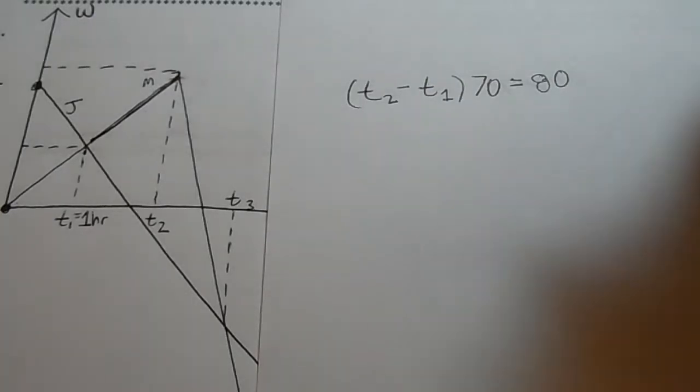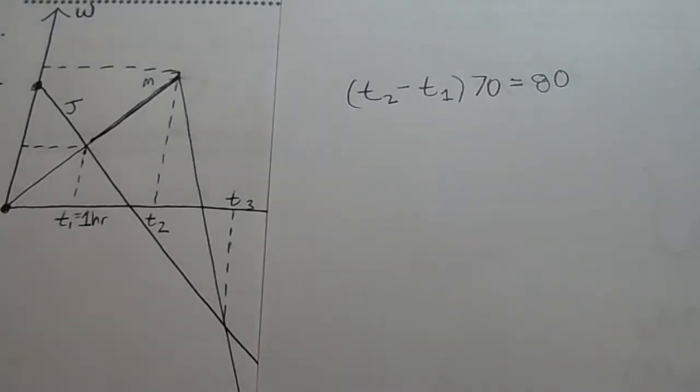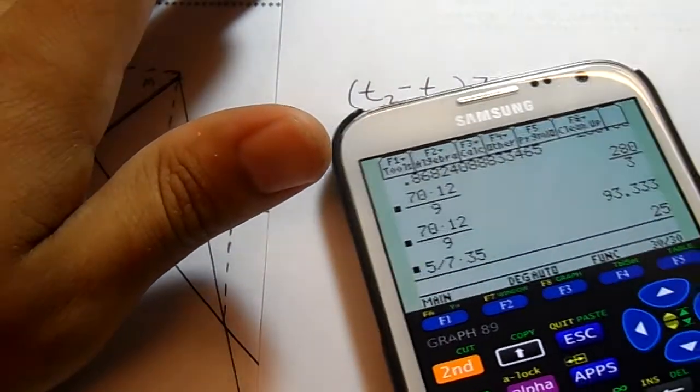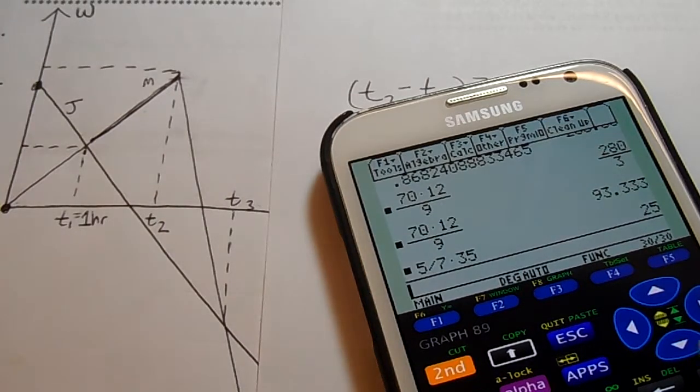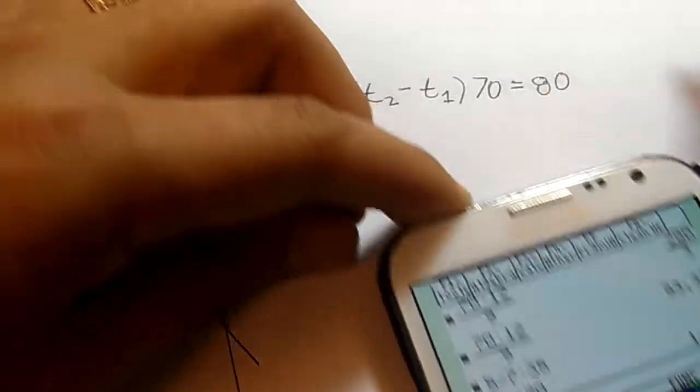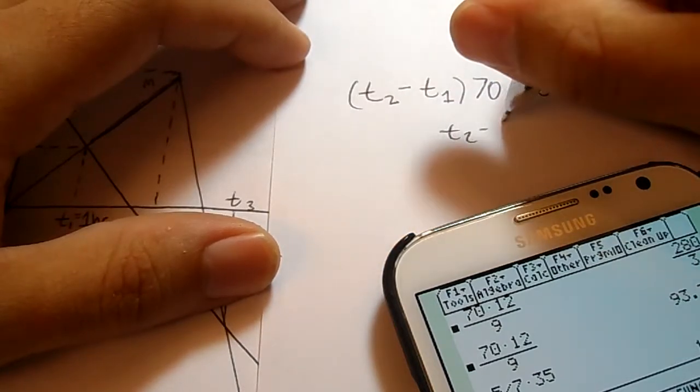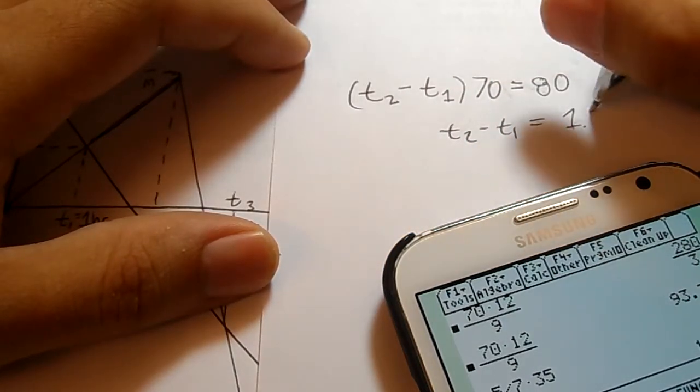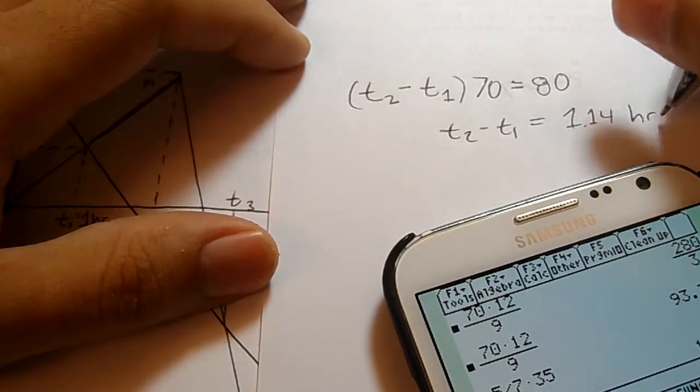So, simply solving here, let me grab my calculator. Okay, 80 divided by 70 is 1.14 hours. So T2 minus T1 equals 1.14 hours.